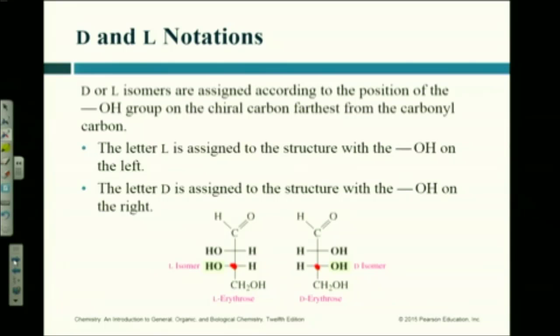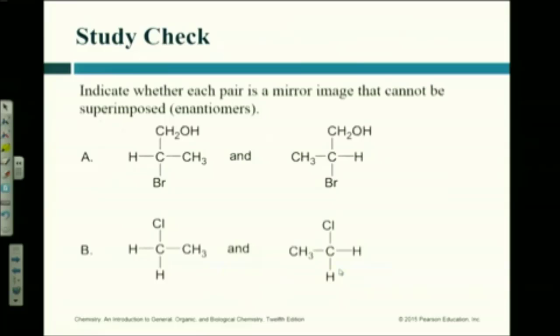Look at this carbon right here. The position of this hydroxyl group tells us whether it is L or D. When the hydroxyl that is furthest from the carbonyl carbon is on the left, it's an L form. When the hydroxyl that is furthest from the carbonyl is on the right, it's a D form.